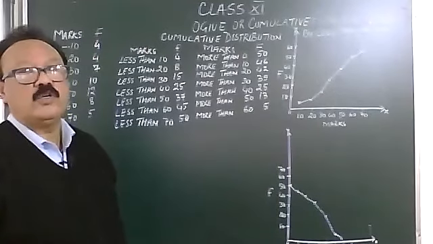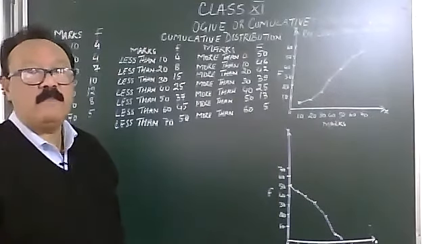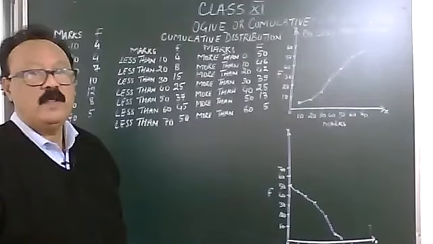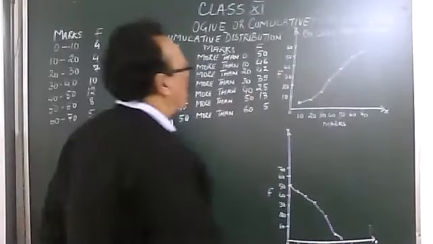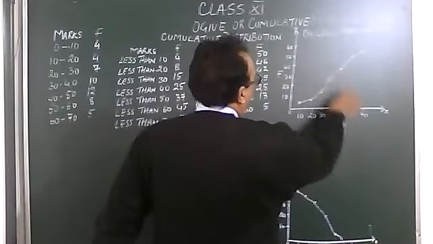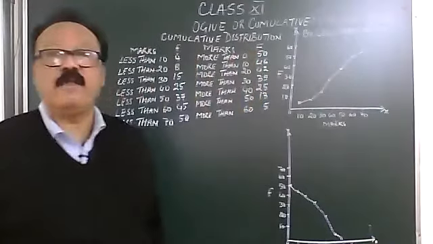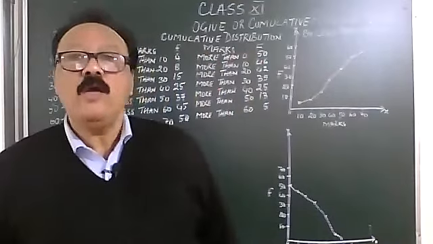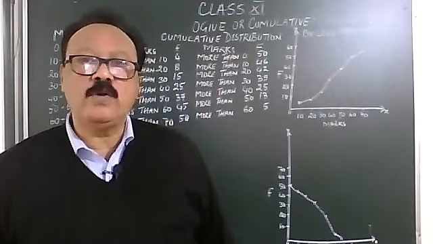Or they can ask you to draw both in the same diagram. You can have the less than and more than in one diagram itself. When you are asked to draw both, you don't need to draw two.